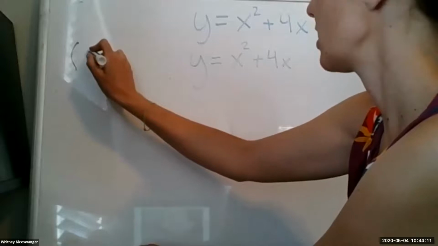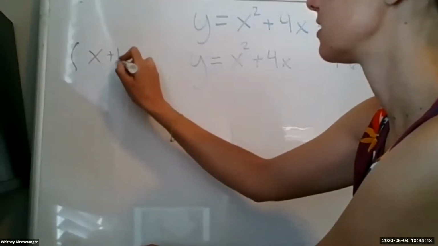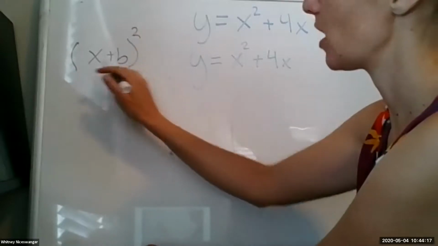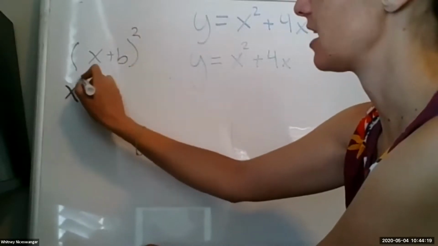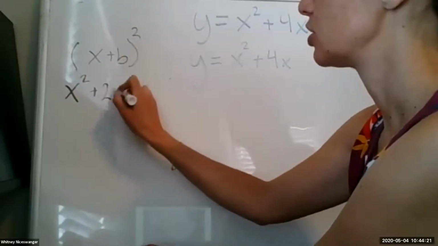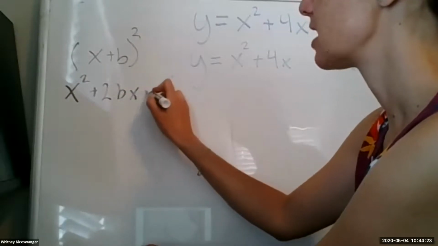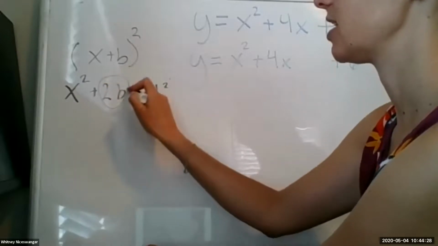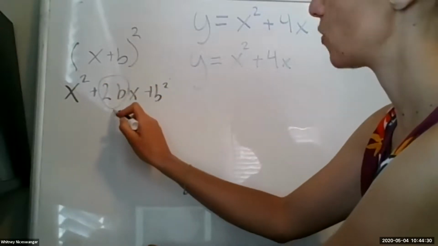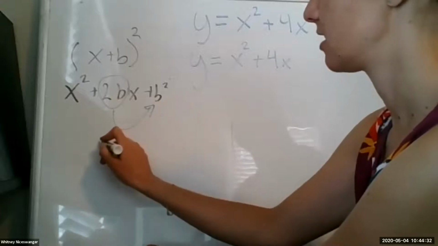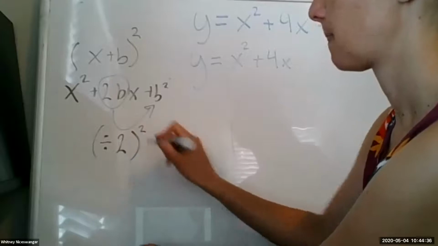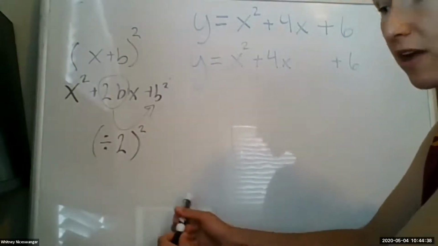Our perfect square, so if we have some x plus a constant term b squared, that's a perfect square. When that gets multiplied out, we end up with x squared plus 2bx plus b squared. So we know that whatever our constant term is here, we have to divide it by 2 and square it to get this guy. Right? That's what completing the square is.